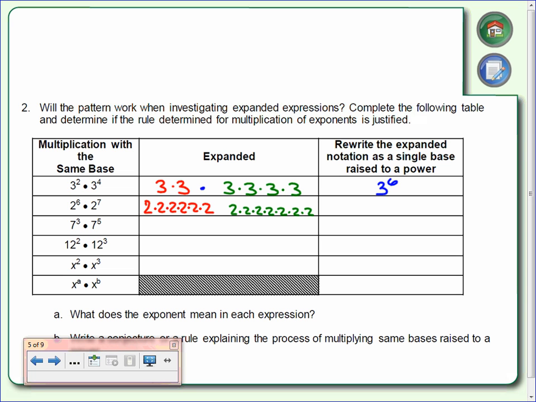We're going to multiply those together. Notice they all share the same base, and that base is a 2. Look how many 2's we have here. We got 1, 2, 3, 4, 5, 6, 7, 8, 9, 10, 11, 12, 13 of them. So this is 2 to the 13th power.